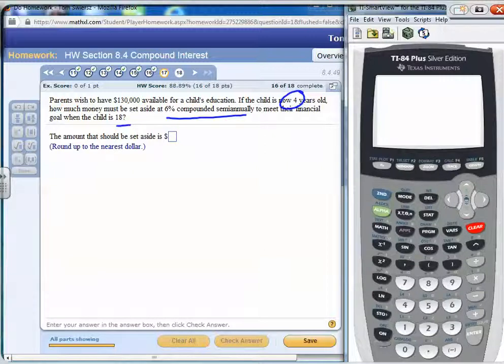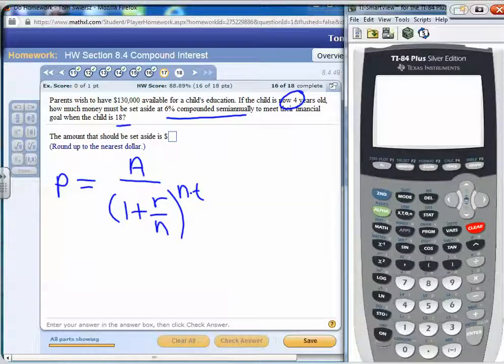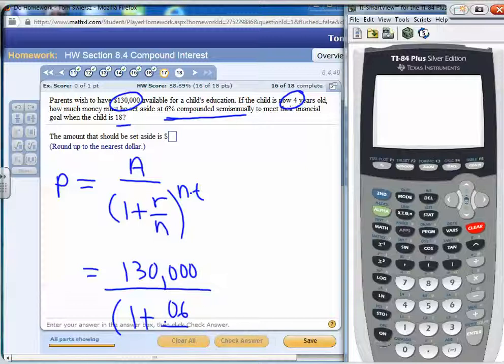So we want the present value. Remember, when you solve for P, you get the future value divided by 1 plus r over n raised to the n times t power. How much you need to invest today is P. They want 130,000, our future value, divided by 1 plus the rate, 6% as a decimal, 0.06, divided by 2.